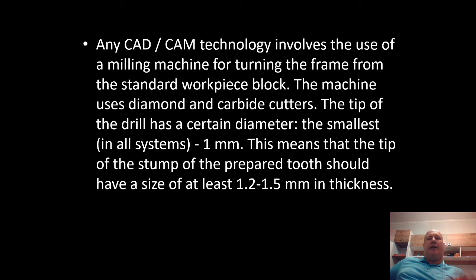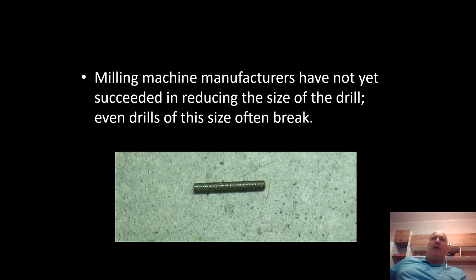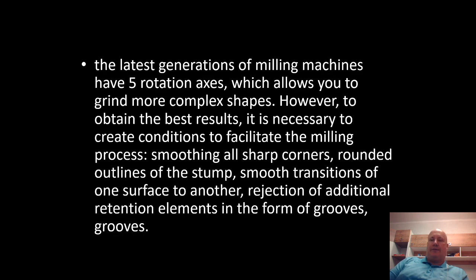This means that the tip of the stump of the prepared tooth should have a size not more than 1.2–1.5 mm in thickness. And milling machine manufacturers have not yet succeeded in reducing the size of the drill. Even drills of this size often break.